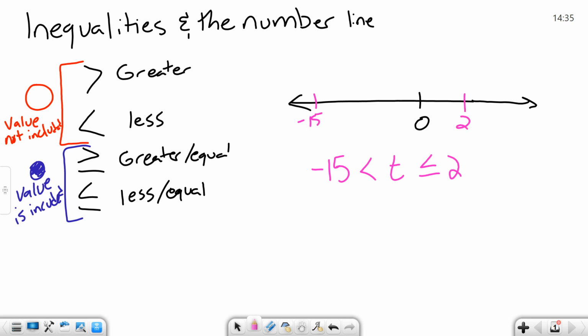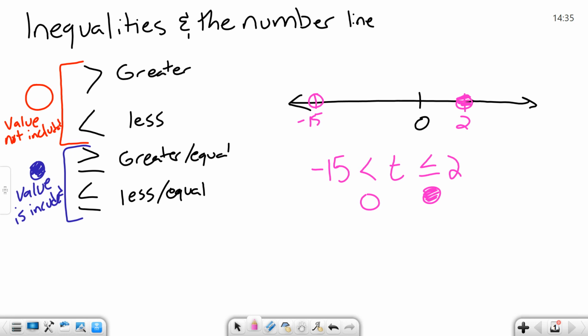I'm not drawing this to scale. Negative 15, since there is no equal sign, we have an open circle. Since this is less than or equal to, we now have a closed circle. So open and closed.